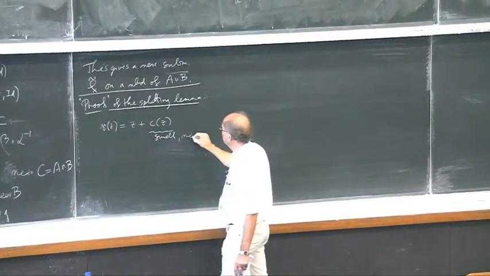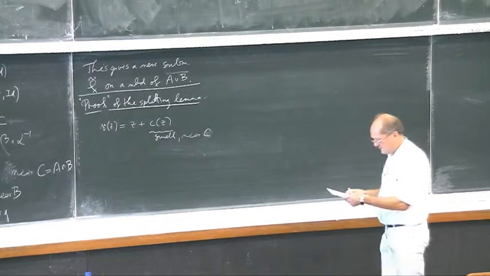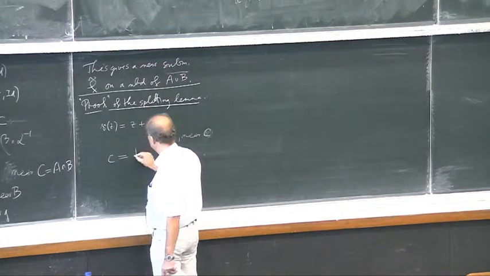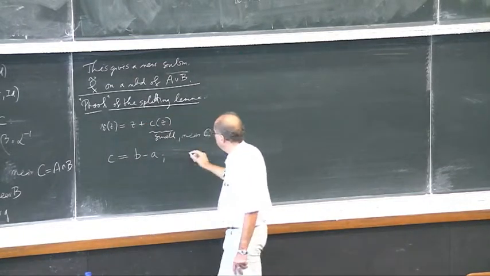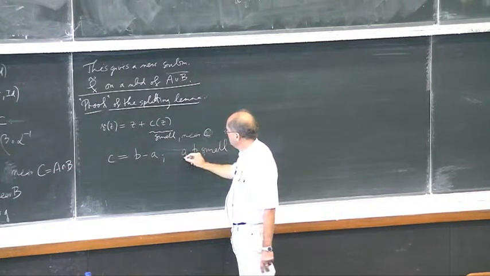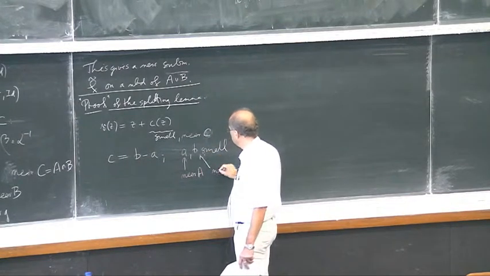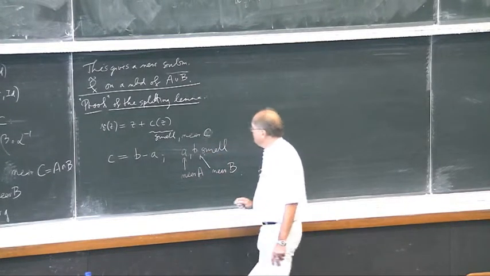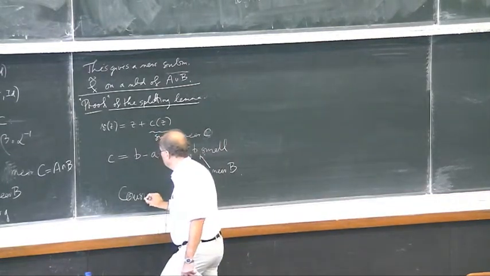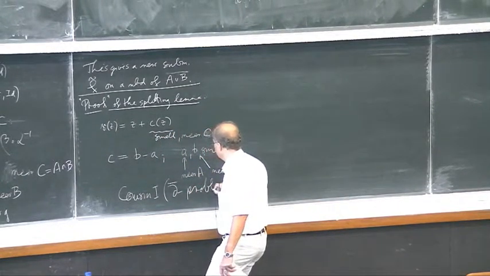And this is defined near C, near the set capital C. Okay, now you split C, first you split C in a difference, B minus A, where A and B are small, and this one is defined near capital A, and this one is defined near capital B. Okay, and this is just Cousin 1 problem.